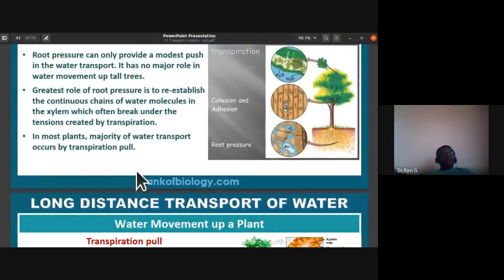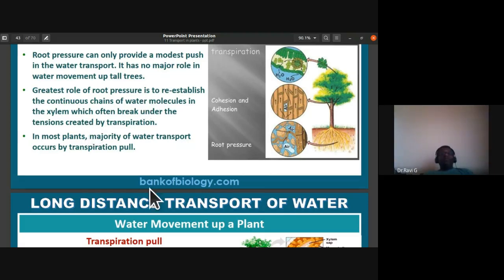The greatest role of root pressure is to re-establish the continuous columns of water molecules in the xylem, which often break. Whenever there is a break in the water chain due to the tensions created by transpiration, that break in the water chain is compensated by this flow of water due to root pressure.